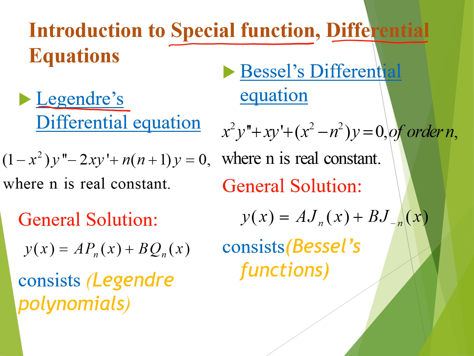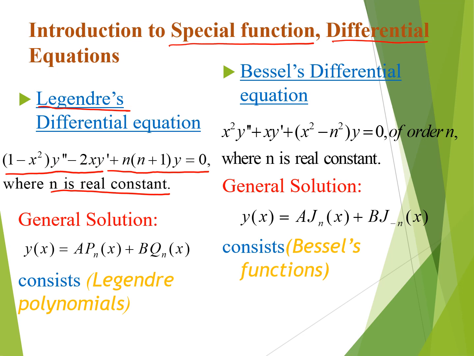First is the Legendre differential equation: (1 minus x square) y double dash, the second derivative of y, minus 2x y dash, that is 2 into x into the first derivative of y, plus n(n plus 1) y is equal to 0, where n is a real constant.